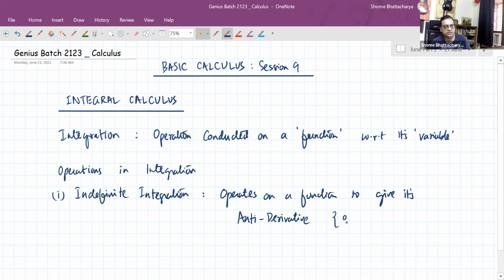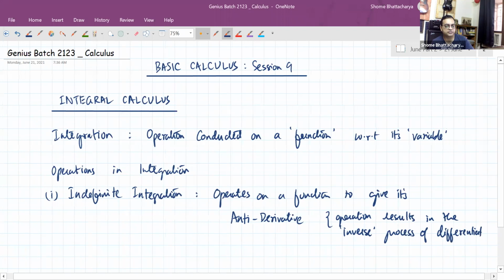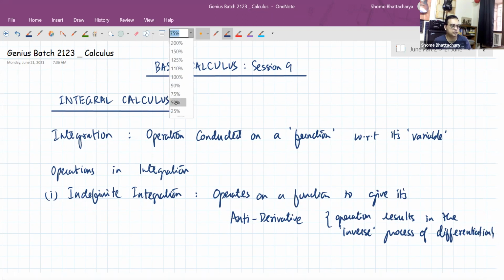Basically the operation results in the inverse process of differentiation. Because differentiation gives us derivative, this gives us antiderivative. So let's understand what the meaning of this definition is.